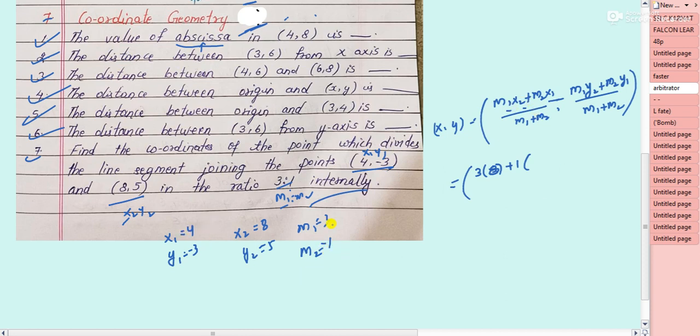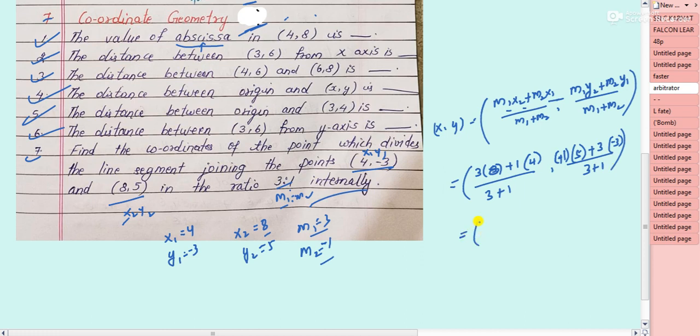So m1 x2, okay, plus m2 x1, that is 4, whole divided by 3 plus 1, comma m1 again, so 1, that is minus 1, it is plus 1, sorry, into y2 is 5, plus 3 into y1 is minus 3, divided by 3 plus 1.